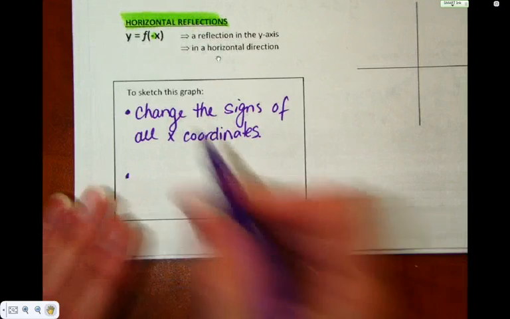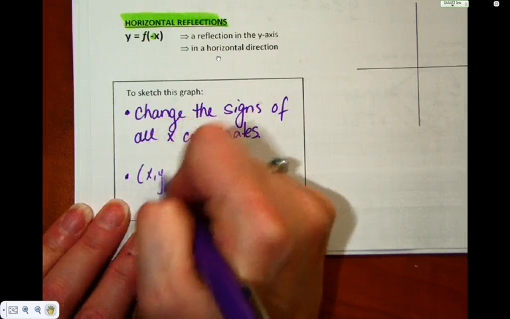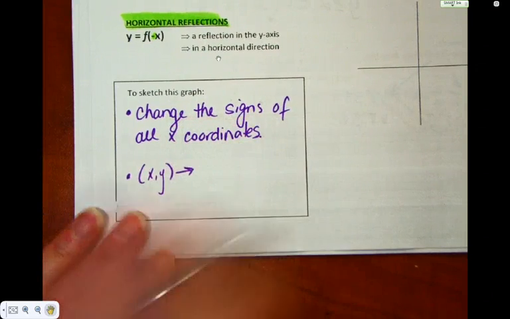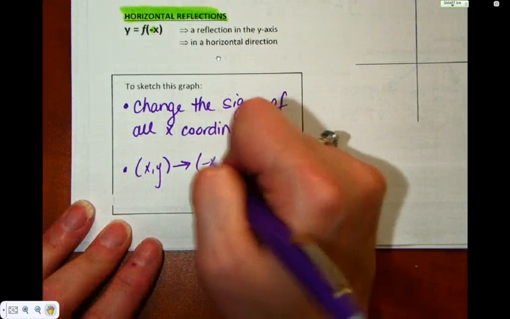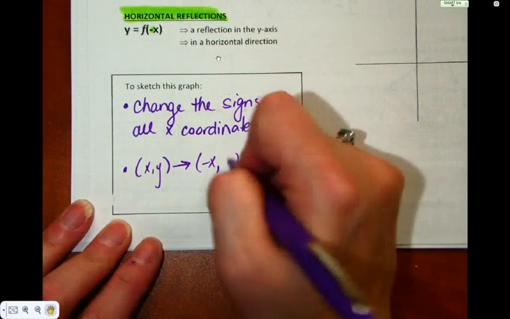And talking about the mapping, which again is just notation for what you just wrote, it says that x, y is going to negative x, comma, y.